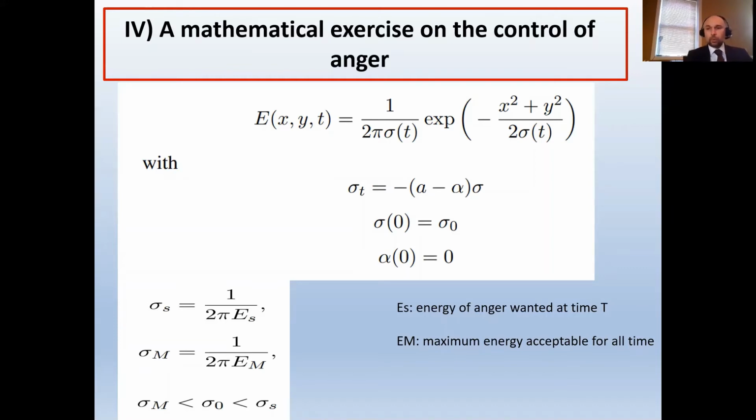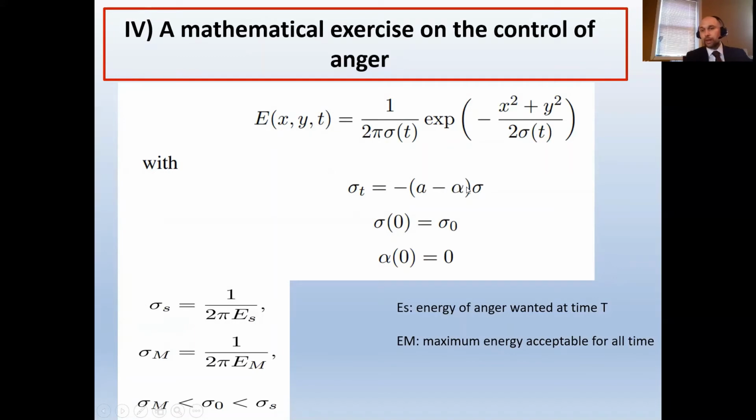So we can go a little bit further. Let's say that this is the energy of anger. I denote it by E of X, Y, and T. And now sigma is a function of time. And I take it to be the solution of this linear equation.